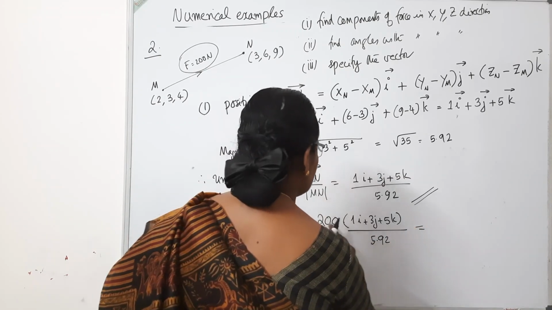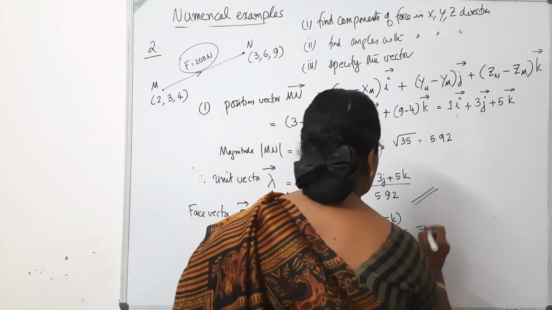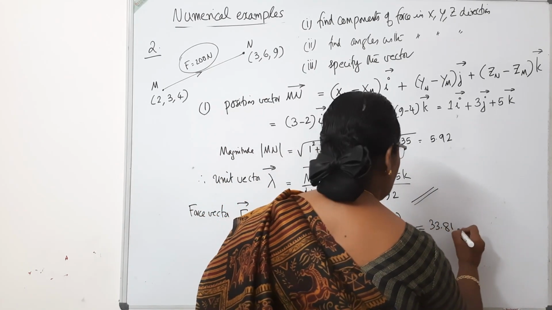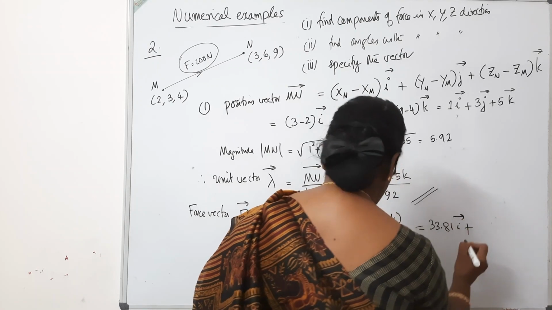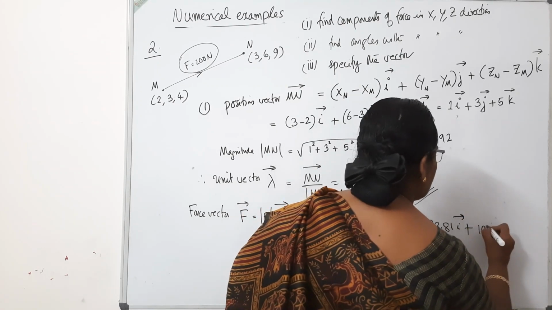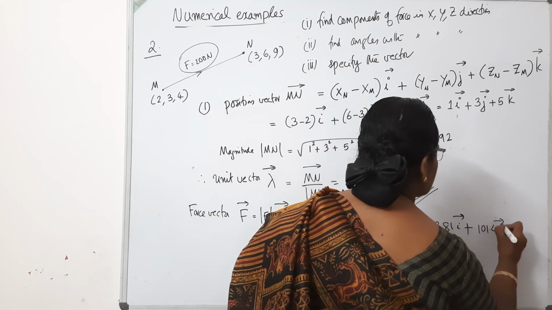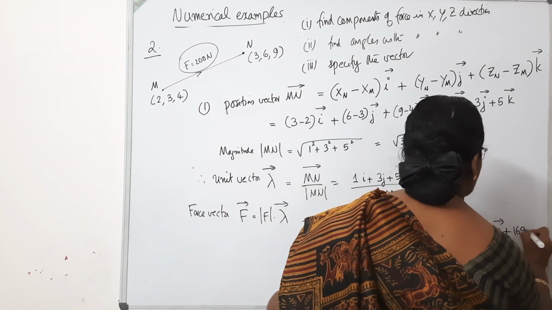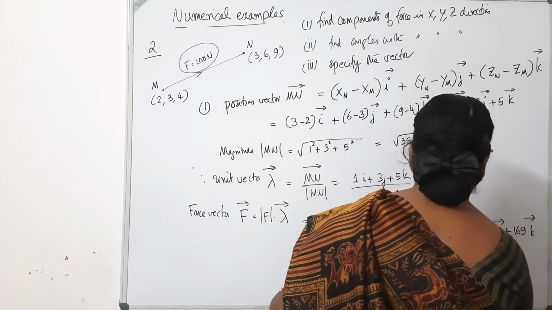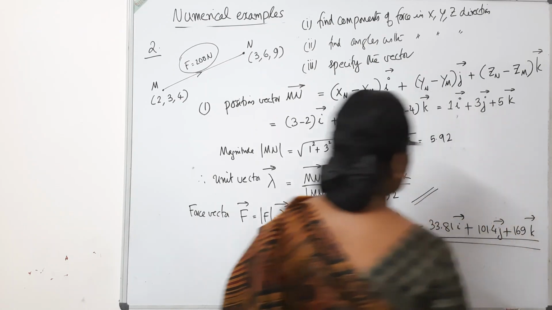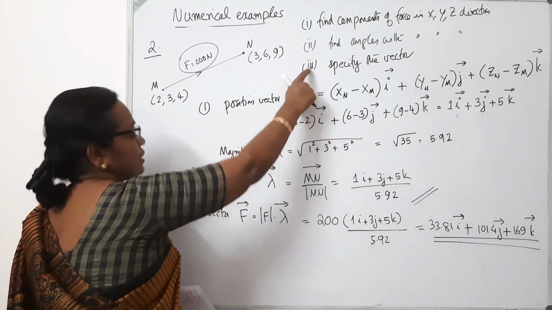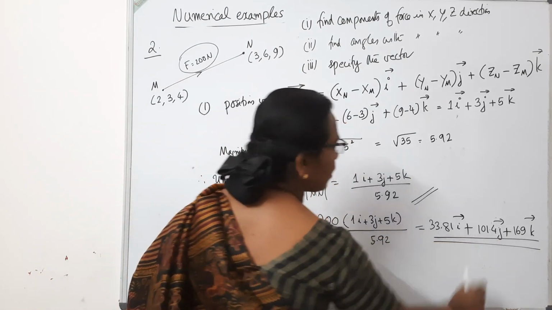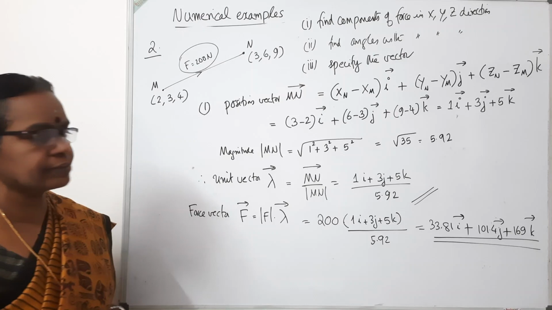You will do the numerical multiplication or division, and it works out to 33.81i plus 101.4j plus 169k. So the third question, specify the vector. The force vector is given by 33.81i plus 101.4j plus 169k.